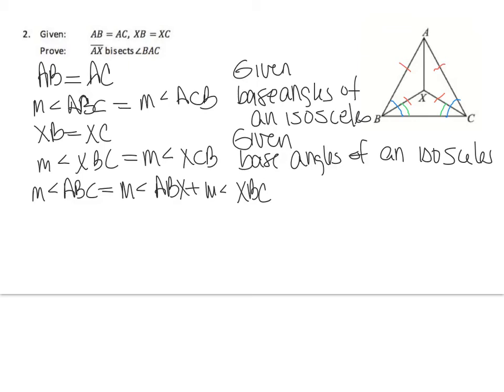Okay, that just says that this angle is equal to this angle plus this angle. Let's do it again for the other side. Measure of angle ACB is equal to the measure of angle ACX plus the measure of angle XCB. And that's just the angle addition postulate.